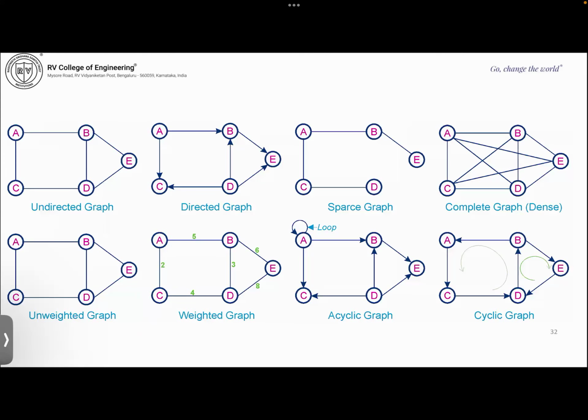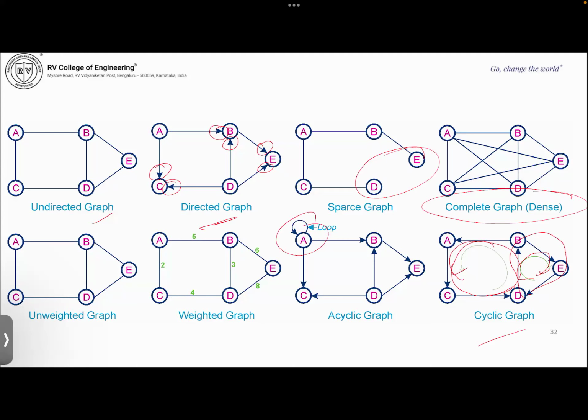In graph theory, in mathematics and in computers, you study various types of graphs. Computer science engineers study various graphs: undirected graph, directed graph, sparse graph, complete graph, dense graph, cyclic graph, and acyclic graph, where there is no loop.